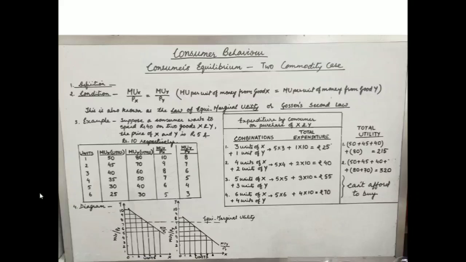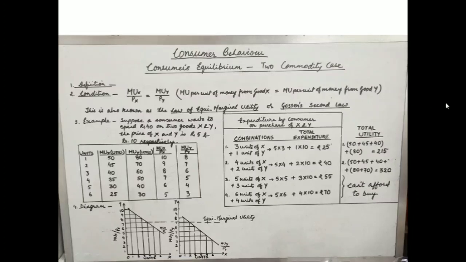Now this condition can also be expressed as MUX by PX is equal to MUY by PY is equal to MUM. MUM means marginal utility of money. This is also known as the law of equimarginal utility or Gossen's second law.